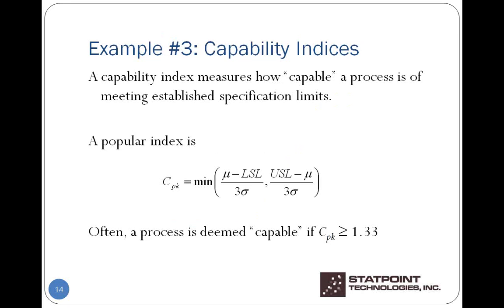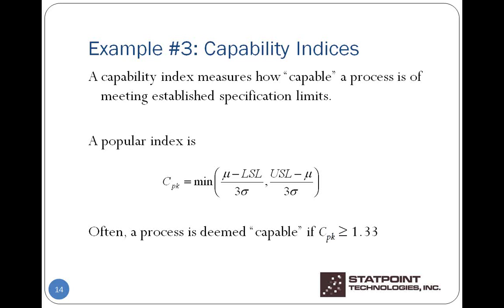Okay, well, let's go to a third topic. Let's talk about capability indices. Statgraphics, as you might know, is widely used for determining the quality of products and services that are being produced. One method for quantifying the quality of a product is to compute something called a capability index.